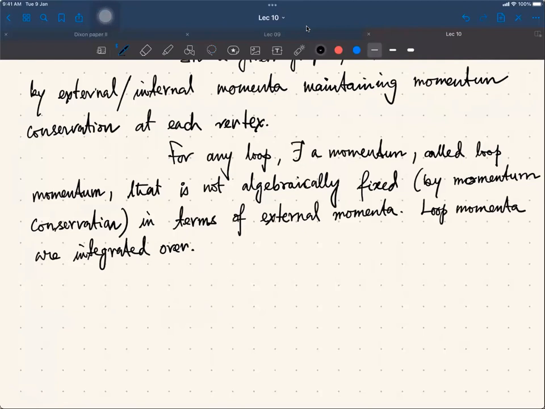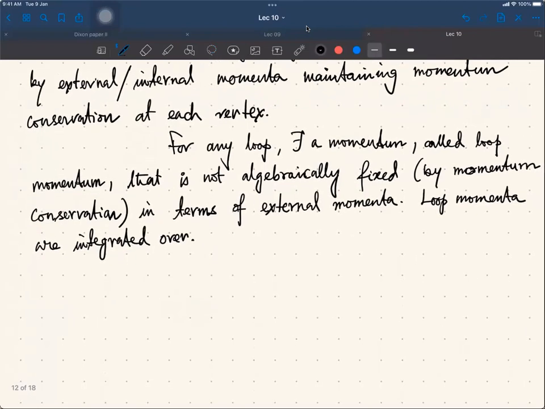And following such rules, you label the diagram in terms of external and internal momenta. After doing that, to get the mathematical expression for them, you write for each vertex a factor of i times g.